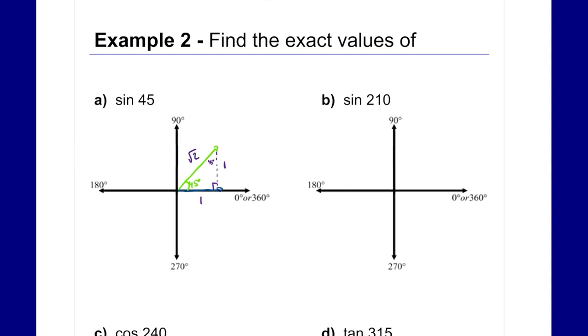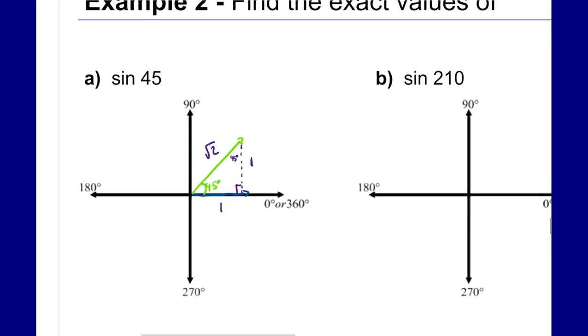Is that what it's going to be? Maybe, maybe not. But because we know this angle and we're making it a right angle triangle, any other triangle is going to be similar to this, just maybe with a different factor. It all boils down to the same thing. So in this case, sine 45 equals opposite over hypotenuse, which equals 1 over root 2.